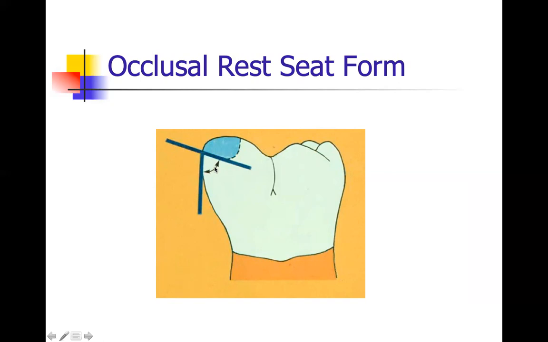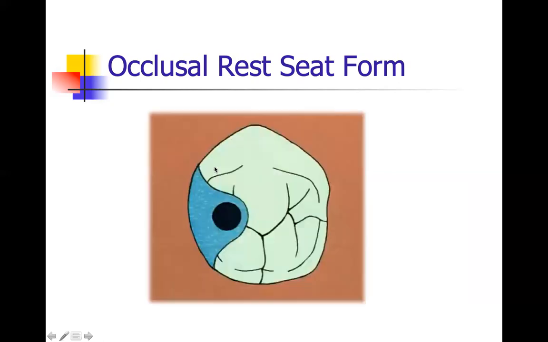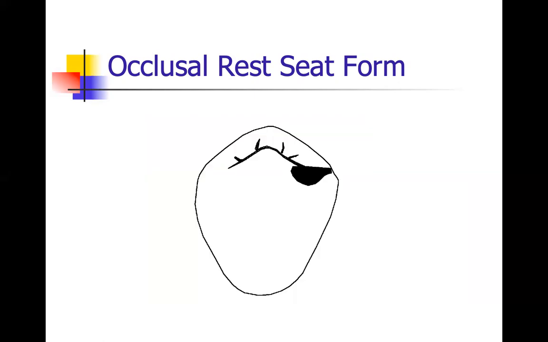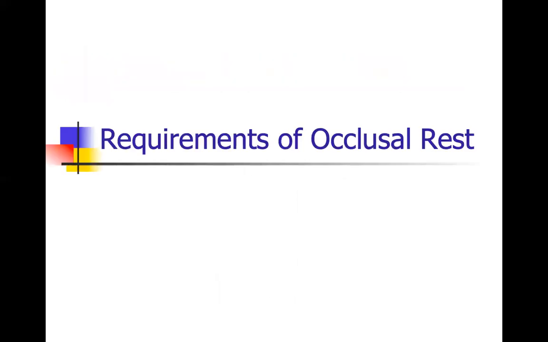And the deepest portion of the rest seat is always in the center. The floor of the rest seat should be concave or spoon-shaped to prevent horizontal stresses and torque.